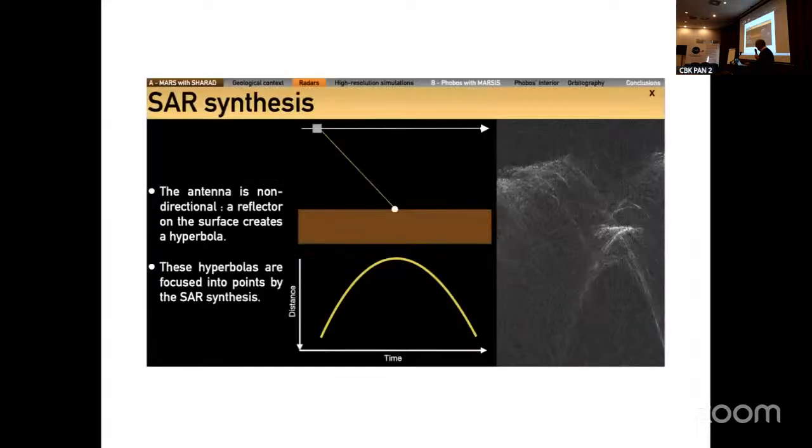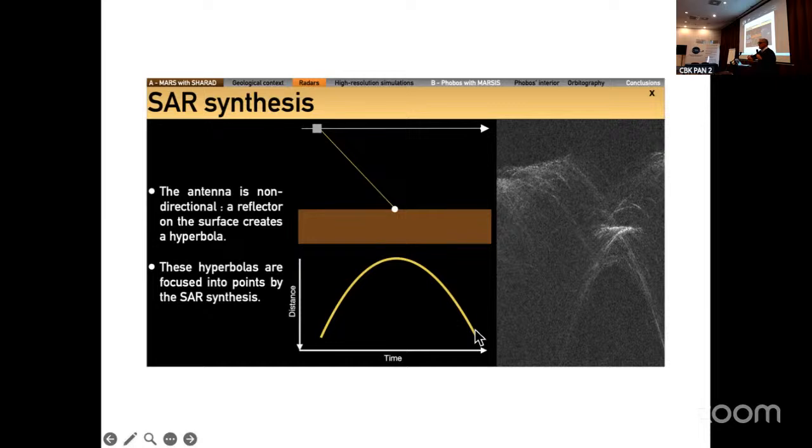It looks like this. Now, synthetic aperture synthesis. I don't know, probably you know it from different applications. In fact, what happens is that the satellite is moving on the orbit, and here we have the reflection point. The distance to this point will change, from the longest distance to the shorter, and then go back.